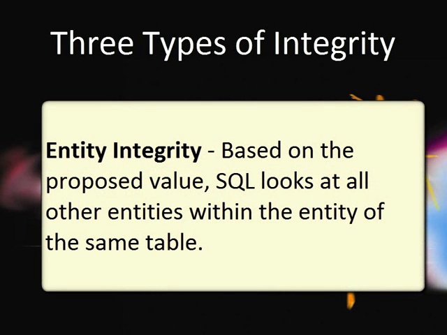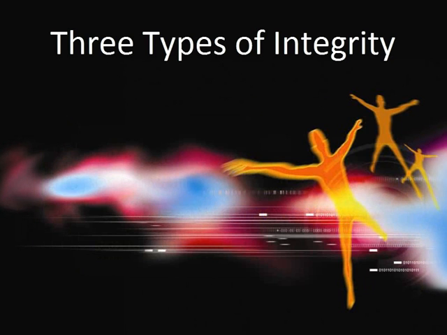Based on the proposed value, SQL looks at all other entities within the table. For example, maybe you can't have 2 employee 7s, so it looks at value 7. It looks in the table to see if there's already employee 7, and then it will say yes or no. So primary keys and unique constraints do entity integrity.